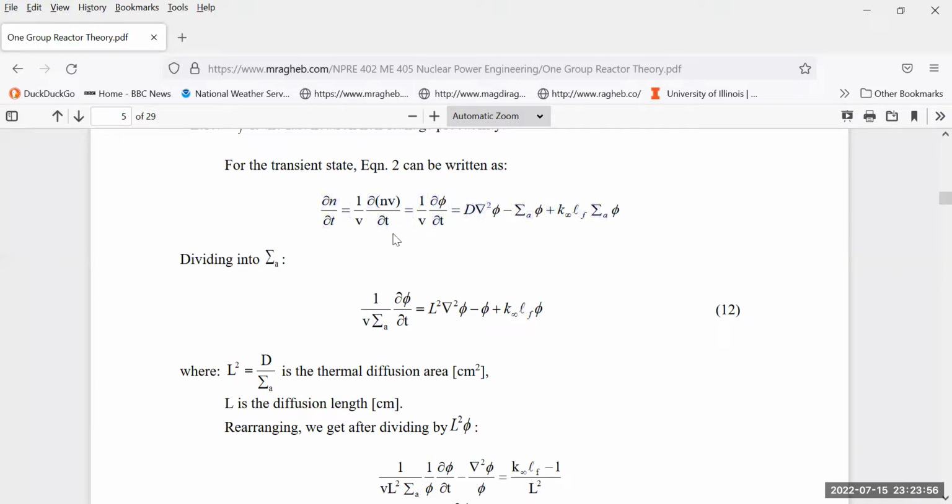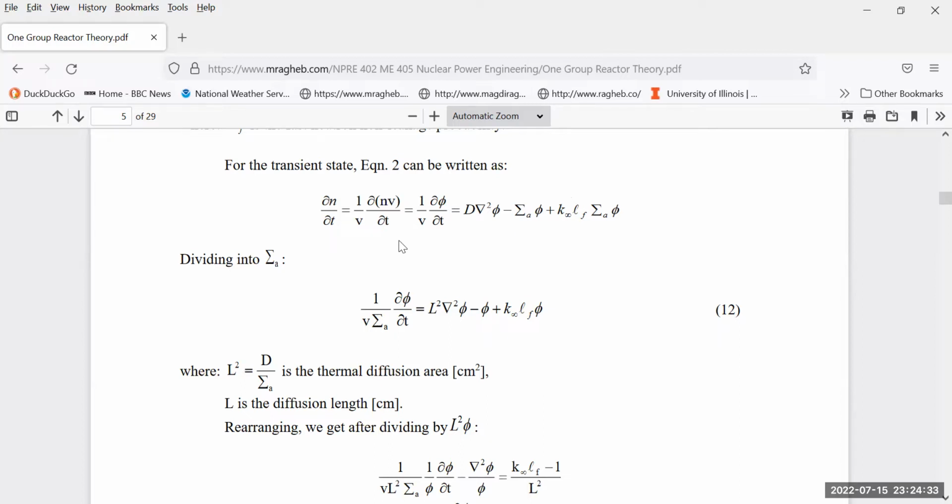So if I take nv and divide by v here, I can substitute for the flux. So the Helmholtz equation is 1 over v partial phi by partial t. The leakage term, remember, this is a negative term, negative sign because it's a loss term, and another negative sign because of Fick's law, so it becomes a positive, but it is the leakage term. It is how the neutrons are leaking from the surface of the reactor, minus the absorption rate, plus the source term coming from the fission process.